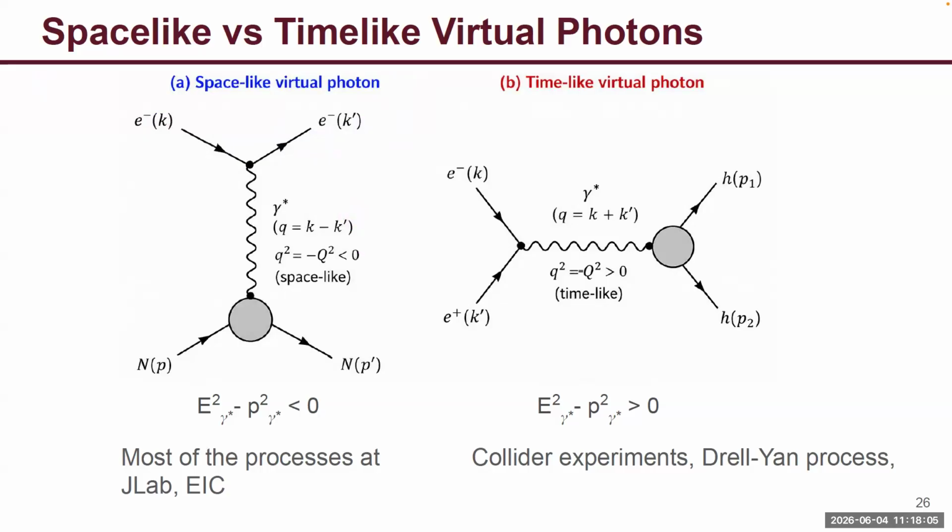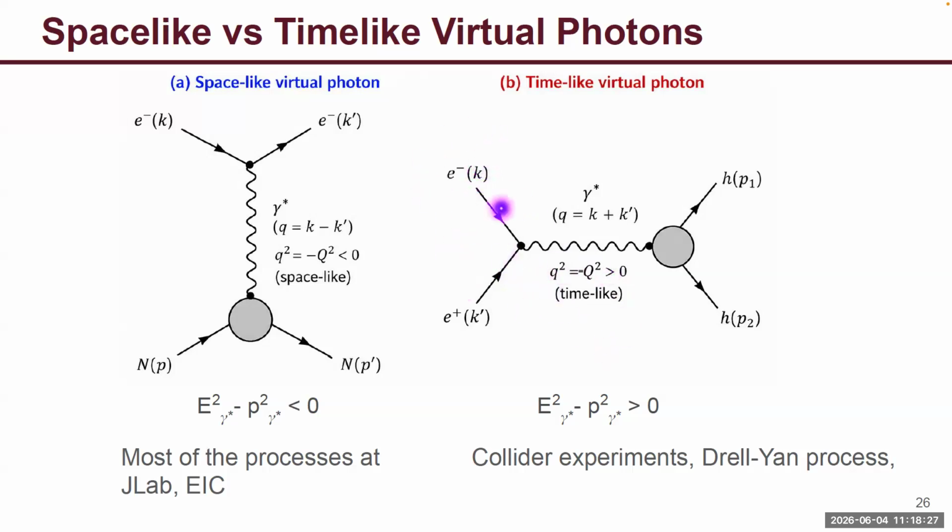For example, if you have an electron and a positron collider, almost every single particle that you're creating is due to the exchange of the time-like virtual photon, because that's the q squared of it.